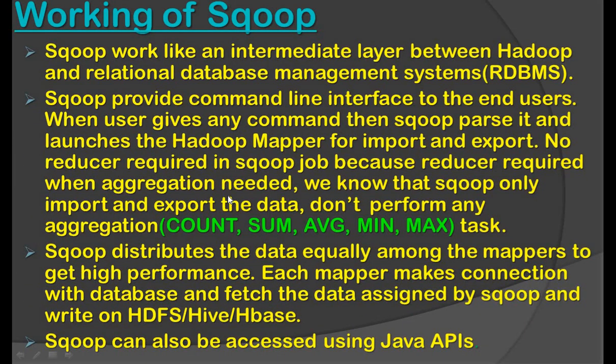First we are going to see the working of Sqoop, that is, how Sqoop works. Sqoop works like an intermediate layer between Hadoop and RDBMS, as we have seen in the diagram in my previous sessions.